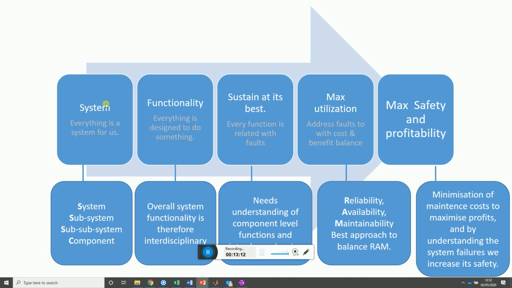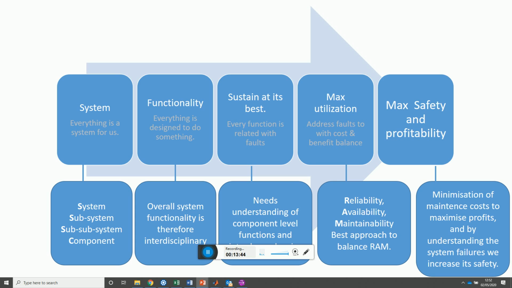That system comprises multiple subsystems of subsystems. The overall functionality, therefore, is multidisciplinary or interdisciplinary. A car's function is to take us from A to B, but it does that by fulfilling multiple functions of its subsystems: tires, brakes, fuel system, engine, chassis.